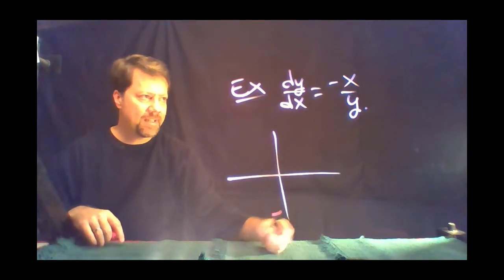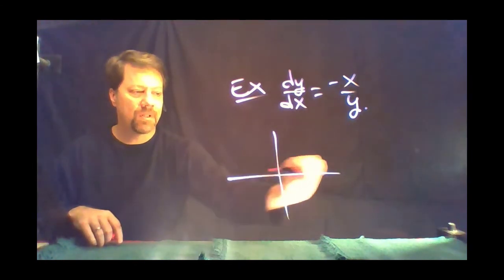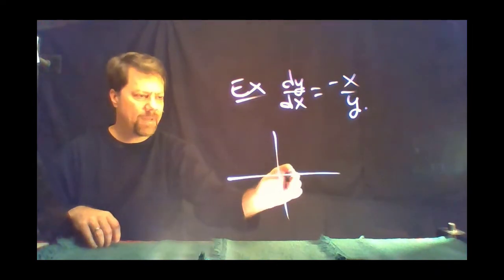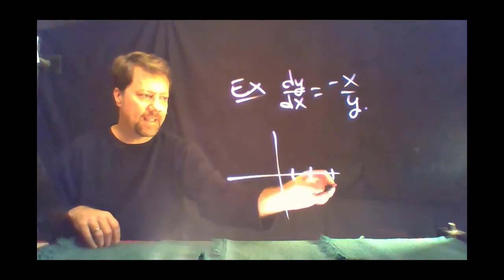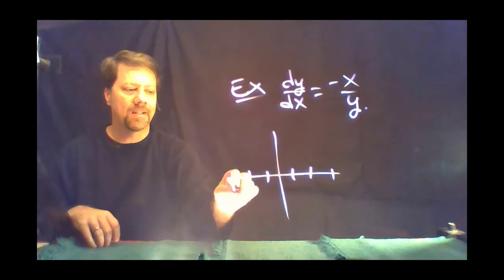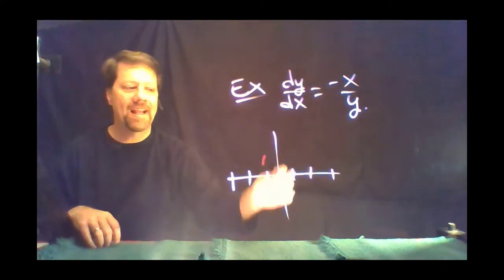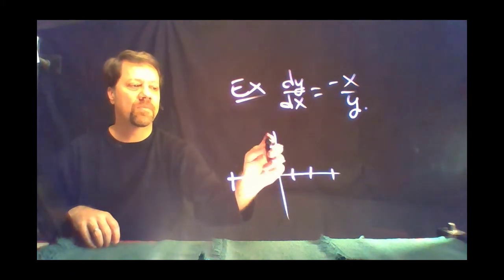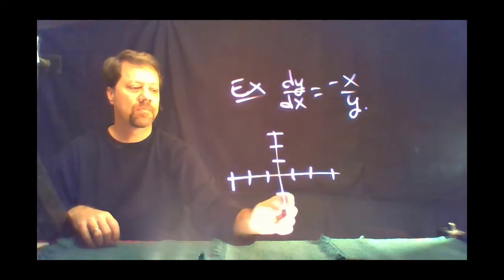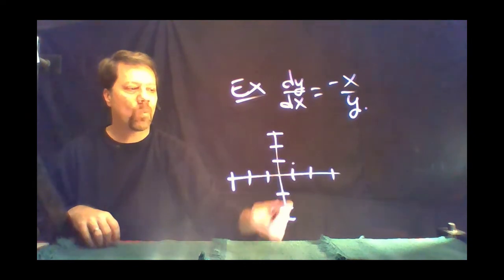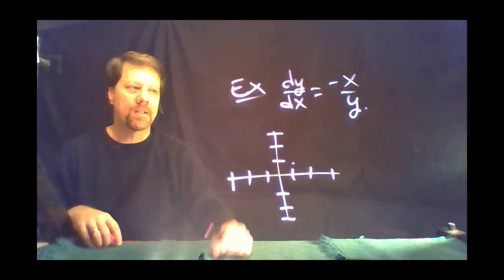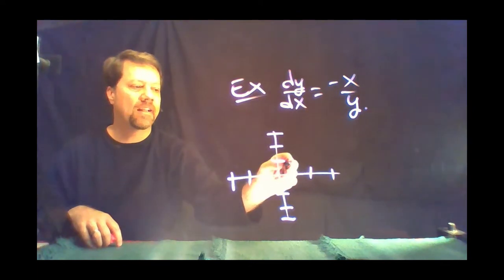Notice that everywhere that y is equal to 0, everywhere on the x-axis, the slopes are undefined. We might even put vertical line segments at different points here. Whereas when x is 0 on the y-axis, the slopes are 0. At the point 1, 1, if I plug in x equals 1 and y equals 1, the slope will be negative 1.